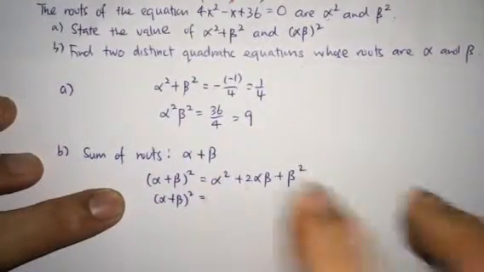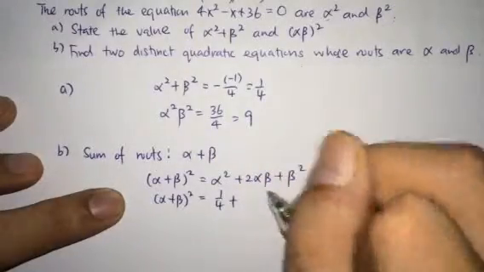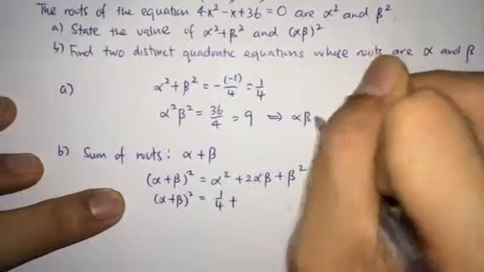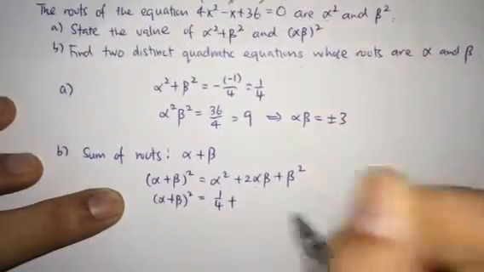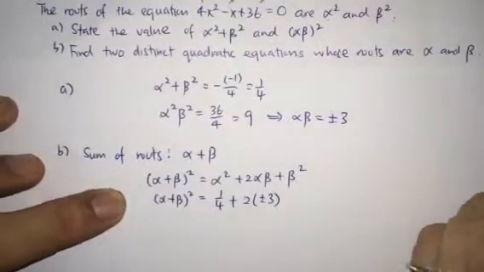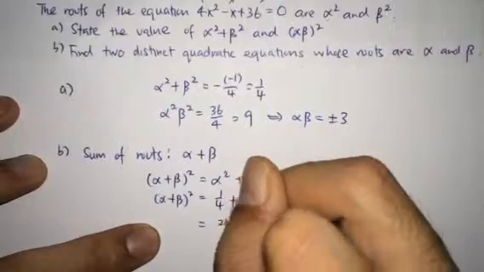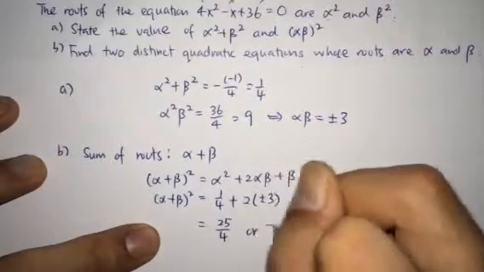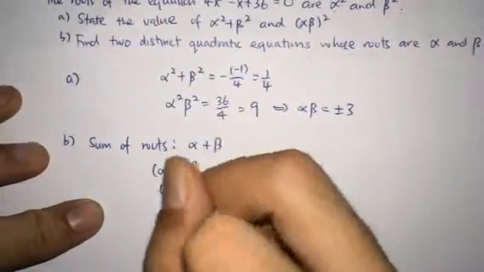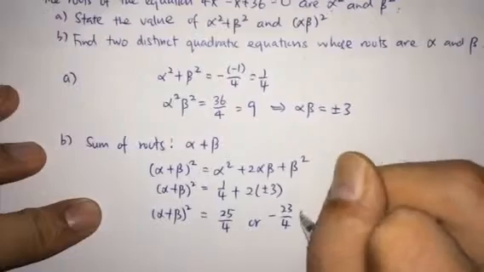Alpha squared plus beta squared is 1 over 4. For 2 alpha beta, we do not have alpha beta, but we can deduce that alpha beta is plus or minus 3. So we end up having two solutions here. This will either give me 25 over 4 or negative 23 over 4. Notice that we can't square root a negative number, therefore we need to reject this solution.